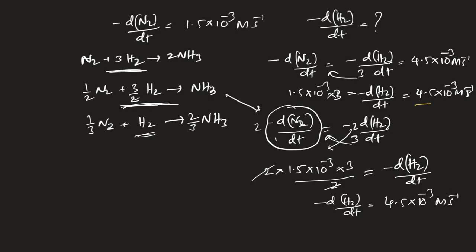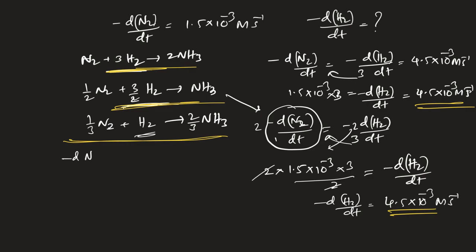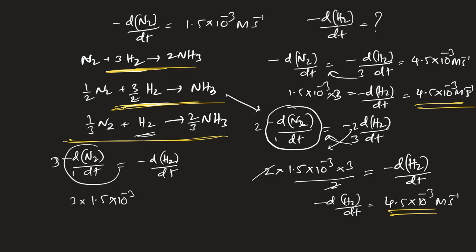Now you observe this value is the same for both equations. With respect to this equation it is 4.5, with respect to this equation also 4.5. Now we'll check with respect to this equation. This can be written as minus d[N2]/dt, with 1/3 meaning 3 in the numerator, is equal to minus d[H2]/dt. Then this can be written as 3 times 1.5 × 10^-3 molarity second inverse.